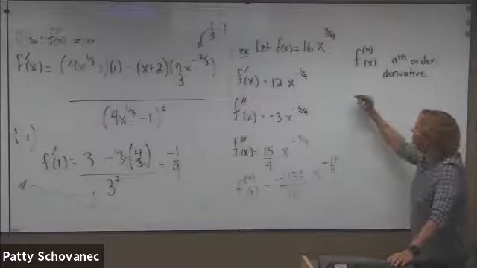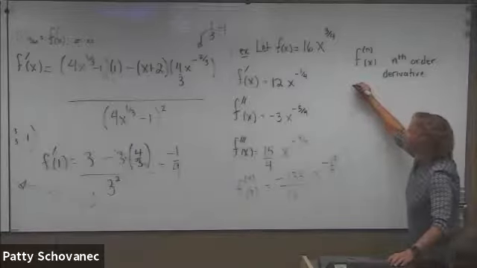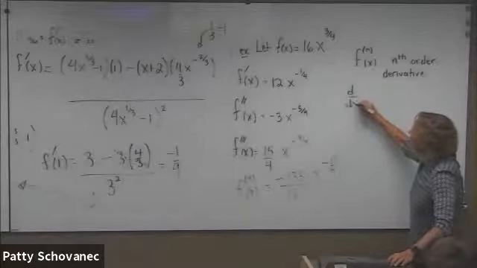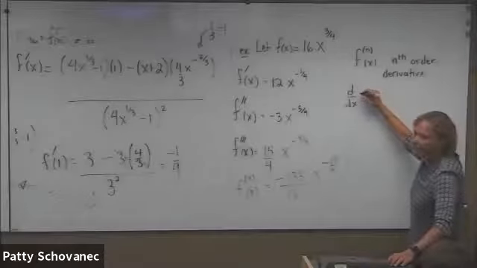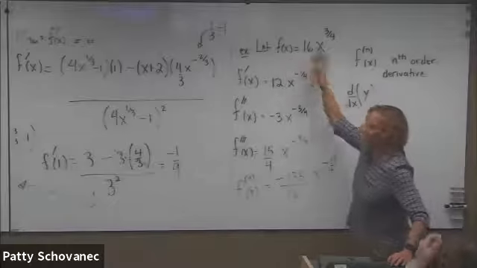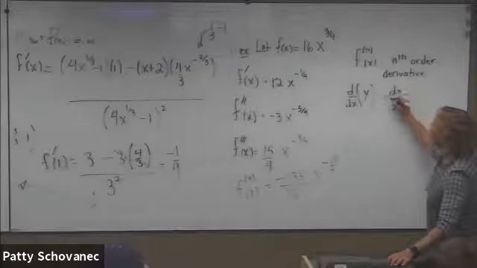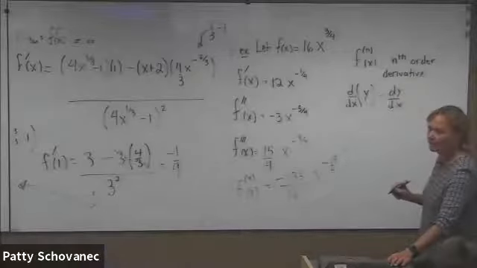If we're using this notation, if we have some function here, and whatever the function's name is, suppose it's y, and y is equal to whatever, then we would write the first derivative as dy over dx.